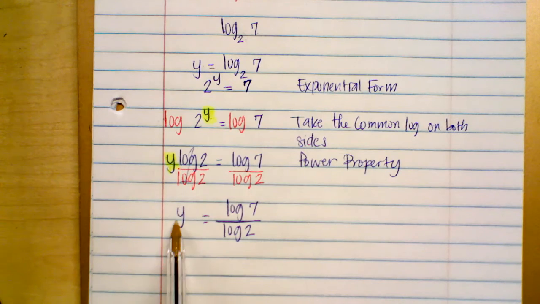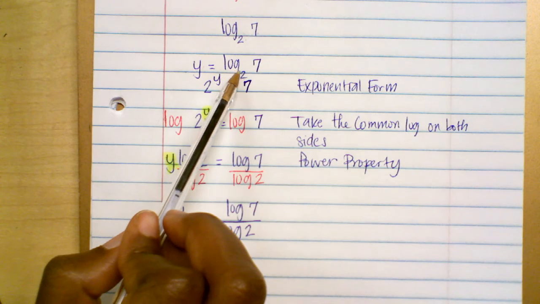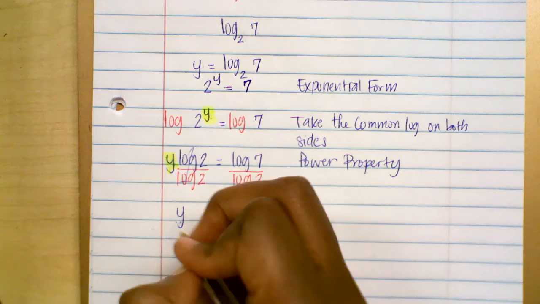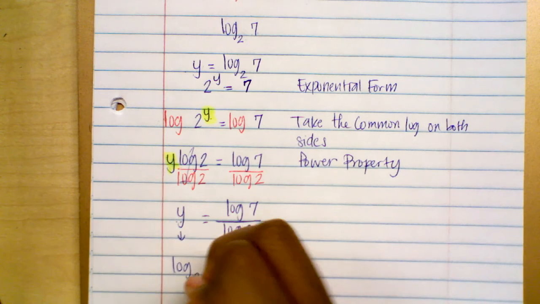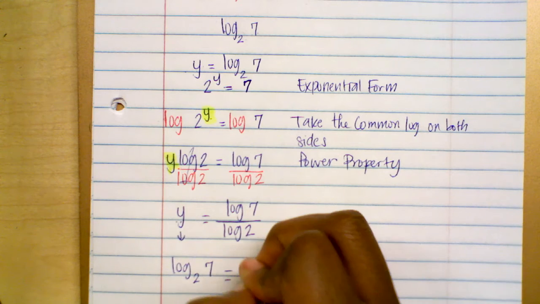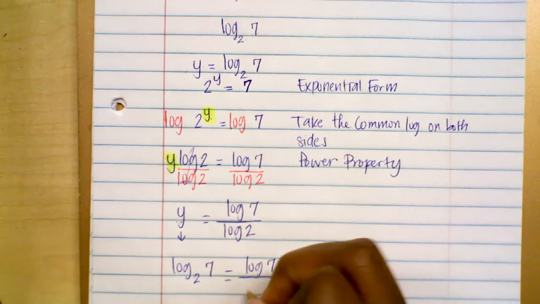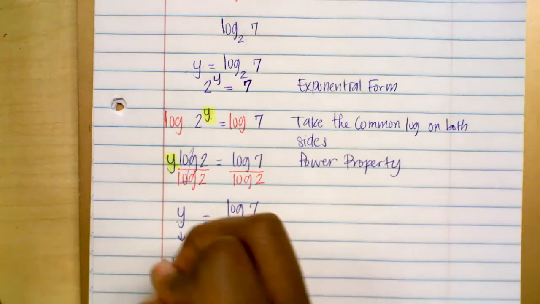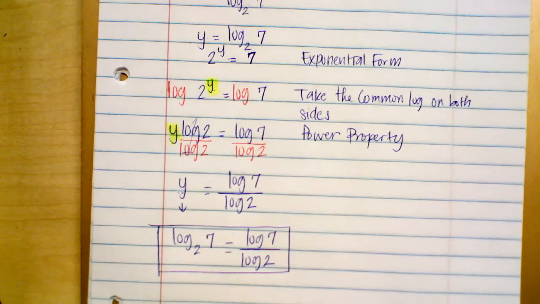Now I can replace y, because remember earlier we set y to be equal to log base 2 of 7. So log base 2 of 7 is equal to the common log of 7 over the common log of 2. And that's your final answer, the formula for changing the base.